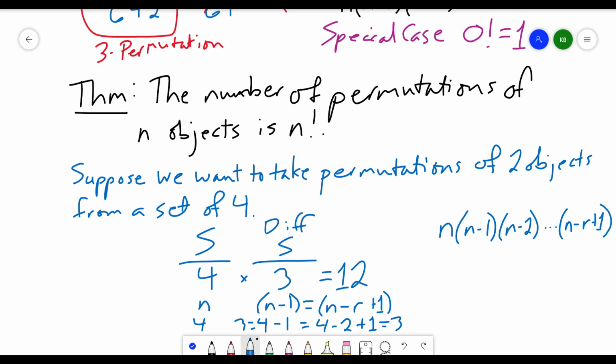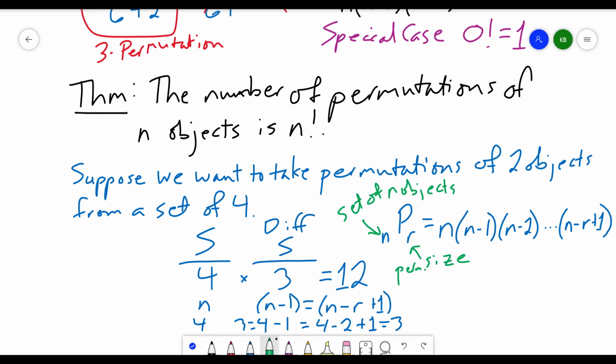So this is the number of permutations of size r from a set of n objects. So this is permutation size.